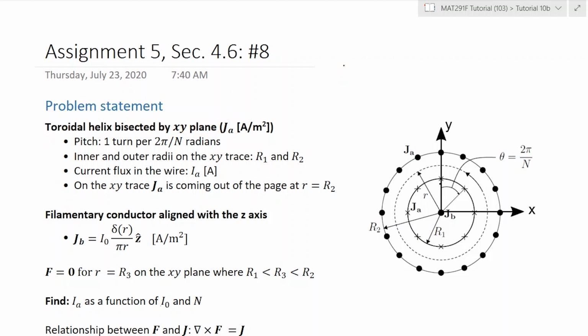The full picture would look something like this. We have this toroidal helix. Well, it's supposed to be tightly wound, but I don't want to draw all the wires. And the xy plane bisects this helix.